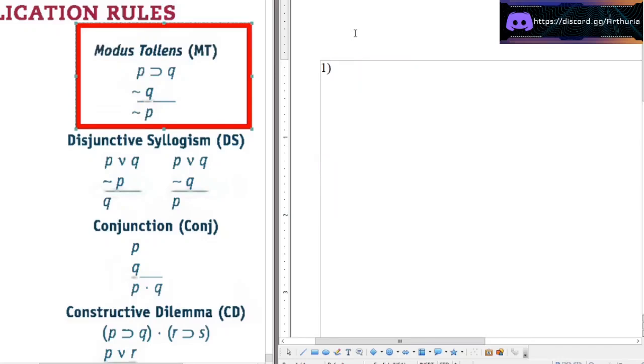So a puzzle might be, if P is true, then Q is true. Very simple. Now I'm going to put some junk here.